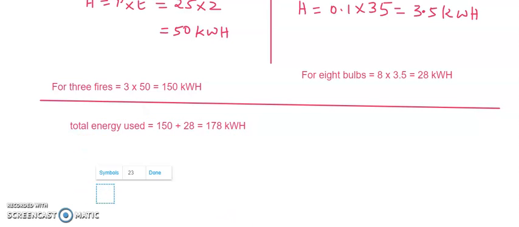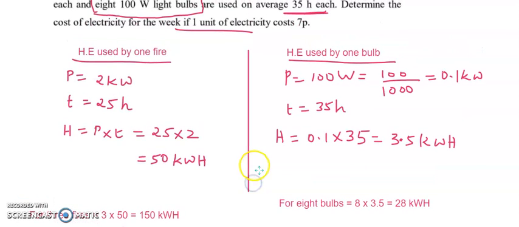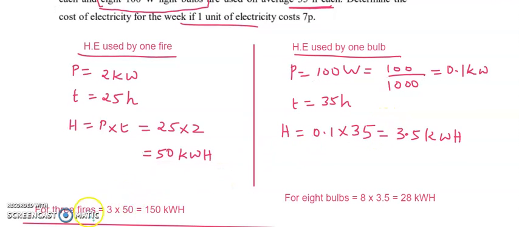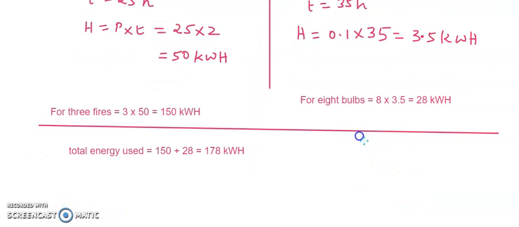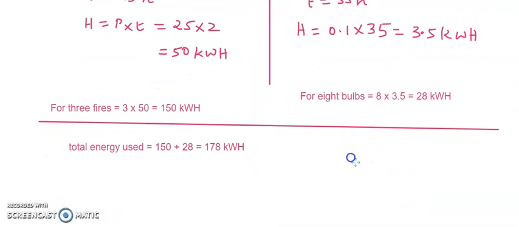Okay. So what did we do? We found the heat consumed by one fire, heat consumed by one bulb. Then there are 3 fires, so I multiply by 3. So total amount of heat used by 3 fires is 150. Total amount of heat used by 8 bulbs is 28. So combined, it's 150 plus 28, that is 178.